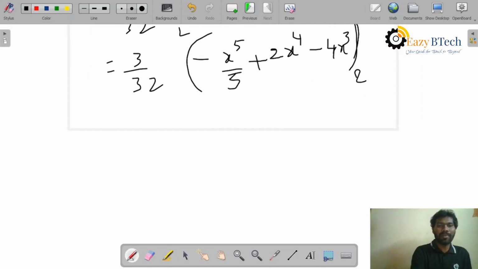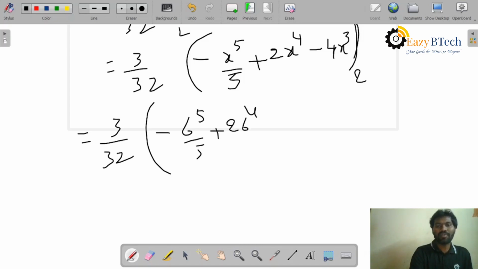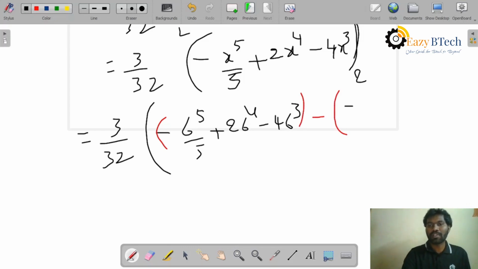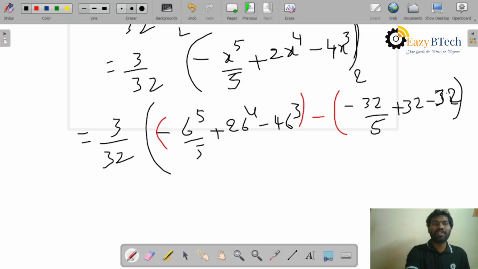So if you apply the upper limit, it becomes 3 by 32 into minus 6 power 5 by 5 plus 2 into 6 power 4 minus 4 into 6 cube, minus the lower limit: minus 32 by 5, since 2 power 5 is 32, plus 32 minus 2 cube 8, 32.